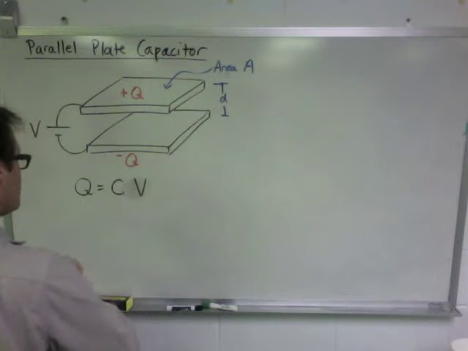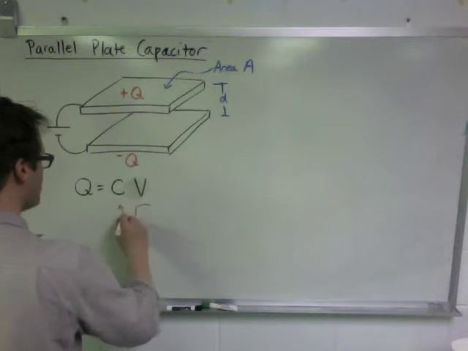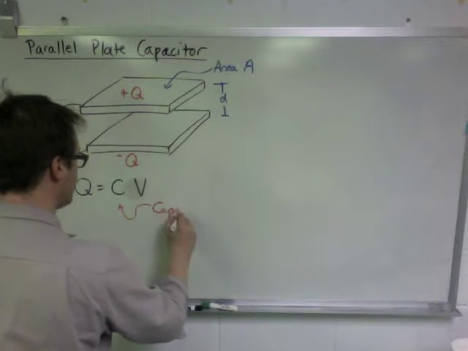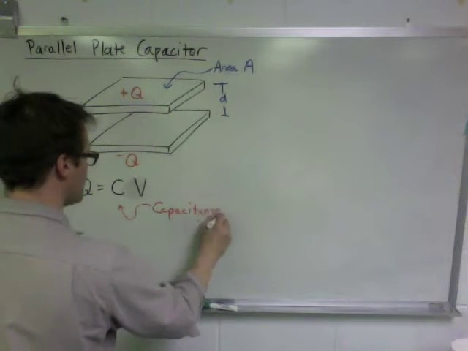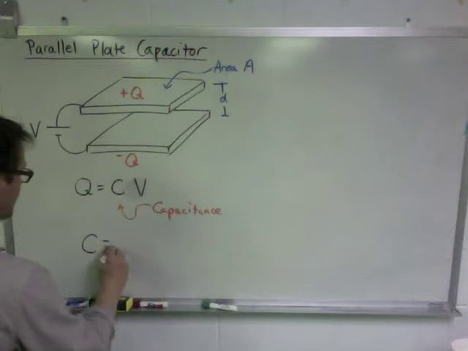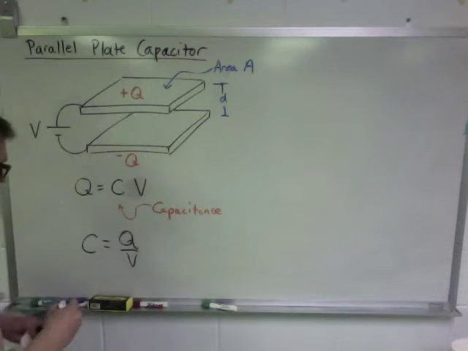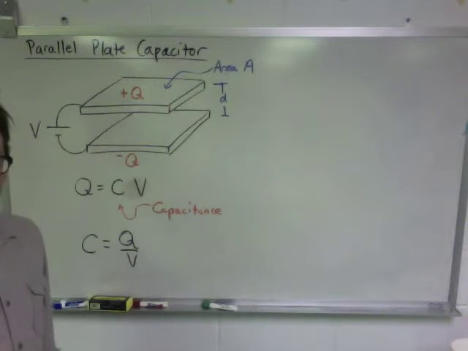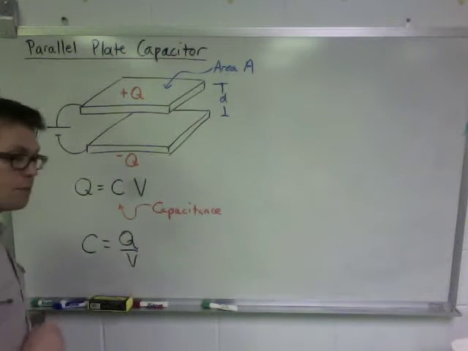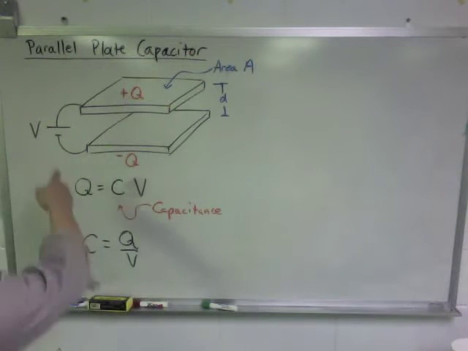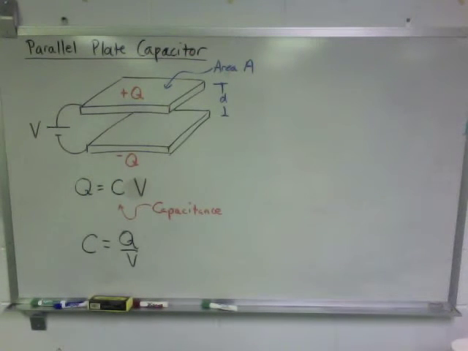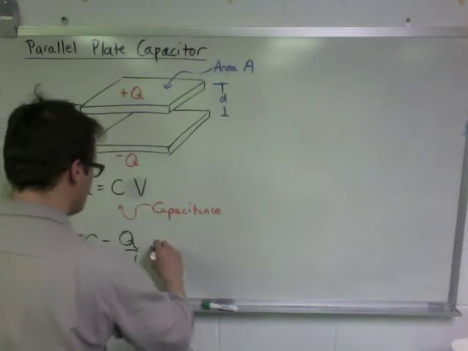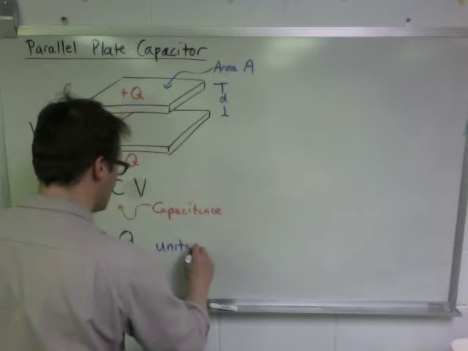Turns out this constant of proportionality has a name. It's called capacitance. Not surprisingly, capacitance is equal to Q over V. So it's basically a measure of how much charge my capacitor can store per volt that I have in my battery. Right away, you can tell what the units of this new quantity is going to be.